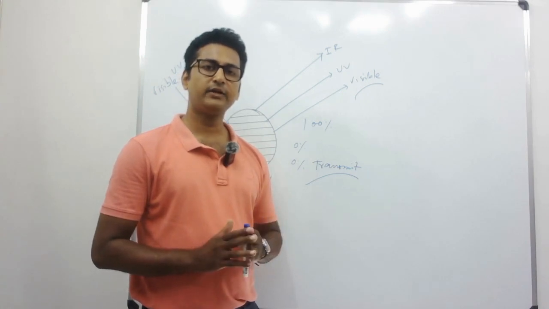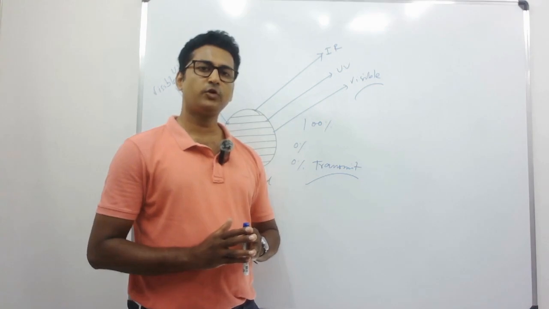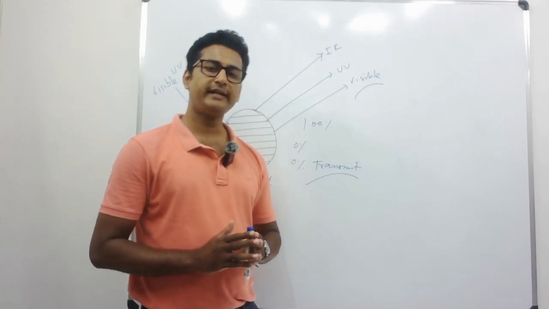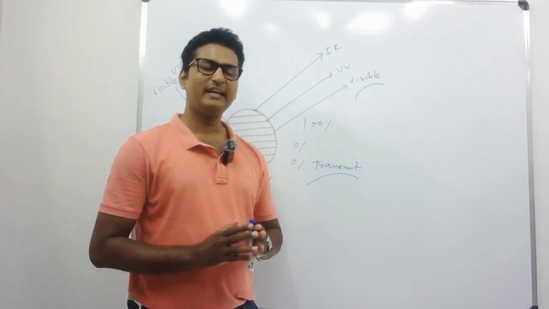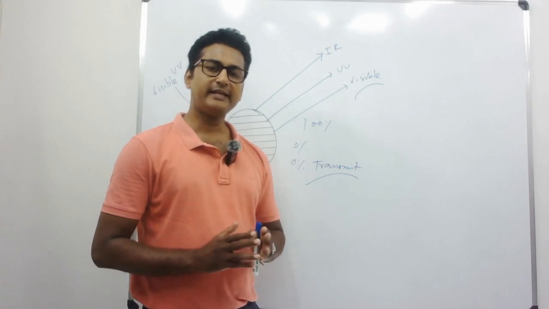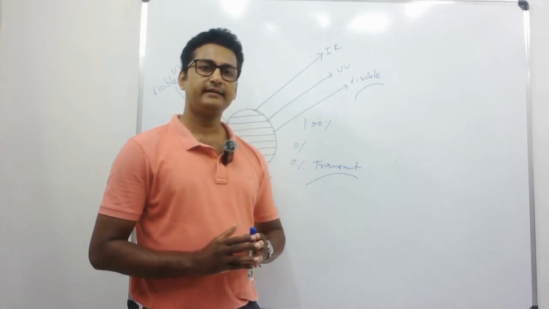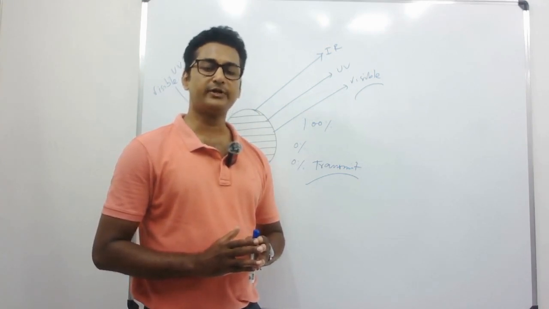The radiation of the black body does not depend on the matter of which the black body is made. Right? The black body radiation is only dependent on the temperature.